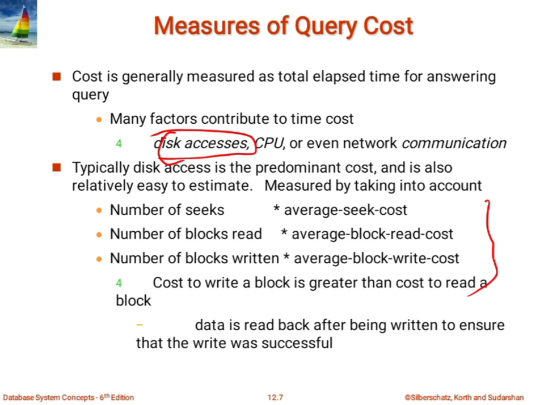The first is the number of seeks, that is, the number of accesses into the average seek time. Then the number of blocks read, and the average cost to read one block. Then the number of blocks written, and the average write cost.